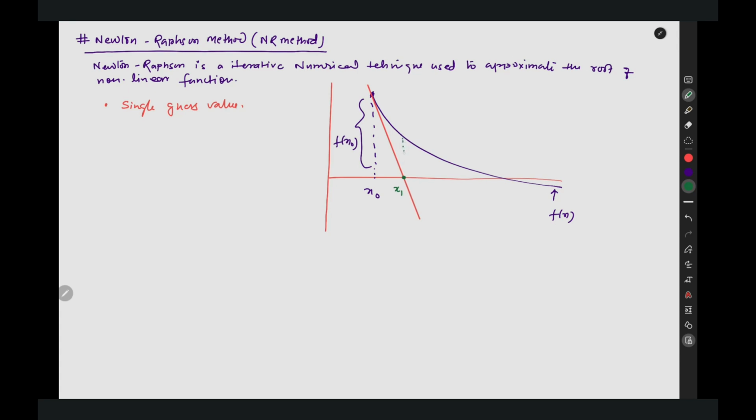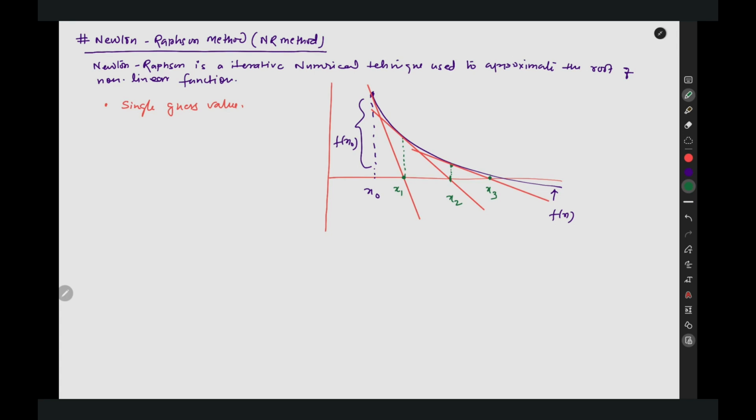Now from this point it will go up to the curve, and on the same curve it will again draw a tangent. Now again this will be our x2, the second iterative value. Again from this point it will draw a tangent, and the tangent would be like this one. So it will now cut here, so x3 will be here, the next iterative value.